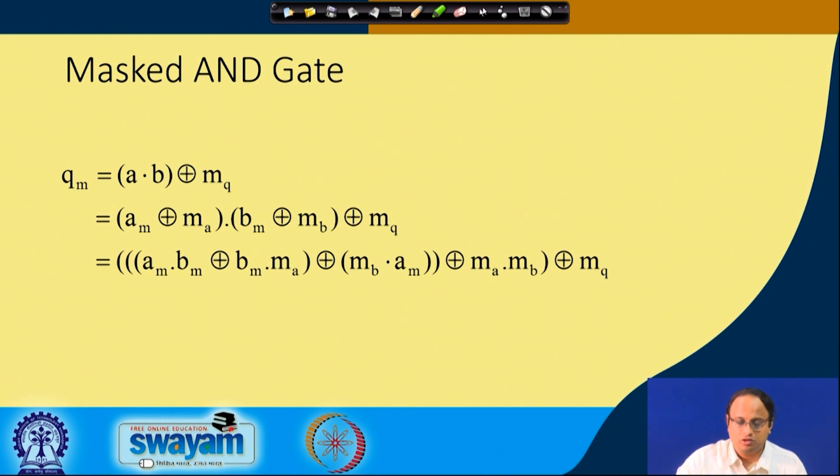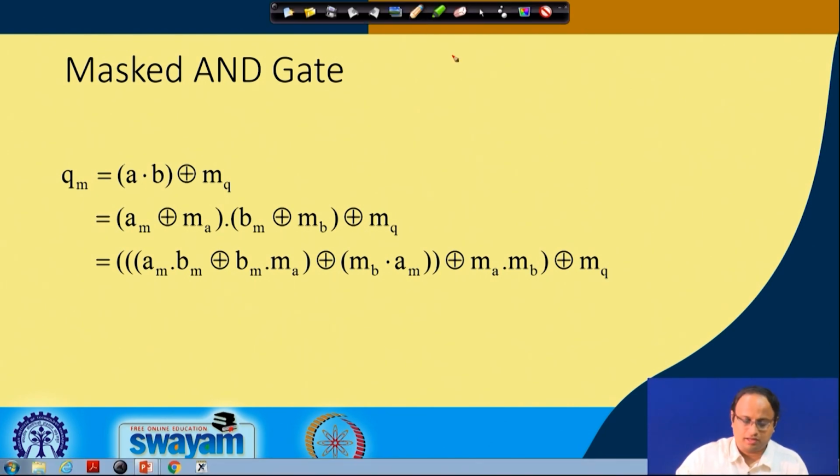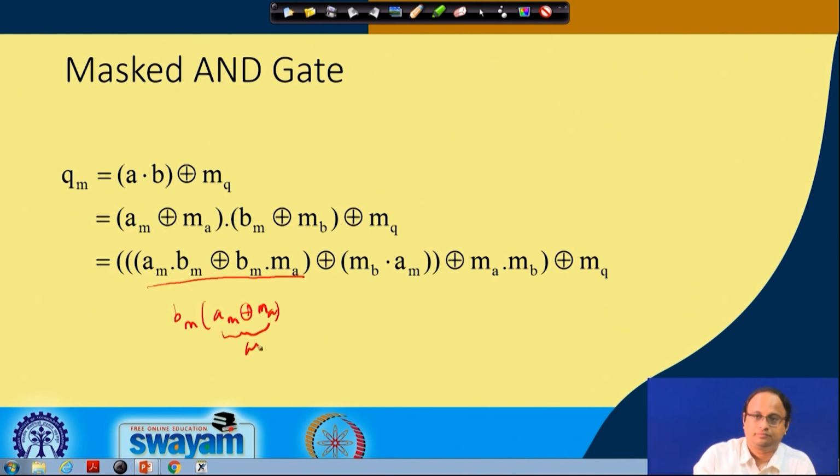For example, you can observe that if I do the computation as it is, then this is nothing but Bm XORed with Ma, Am XORed with Ma, and this data is nothing but A. So, although from the associativity properties this is correct, from the security leakage point of view this is not the correct way of doing the computation.